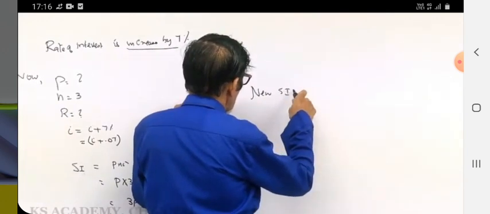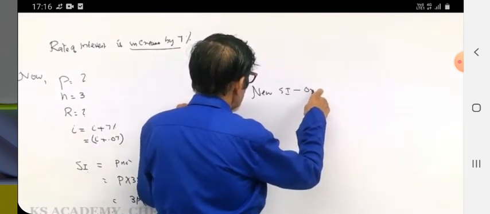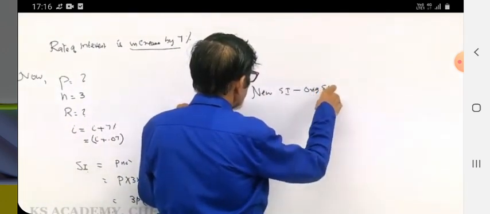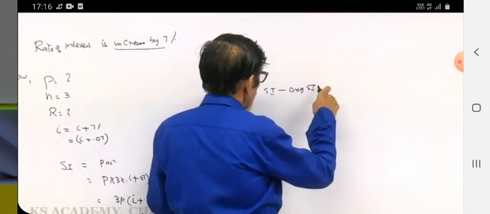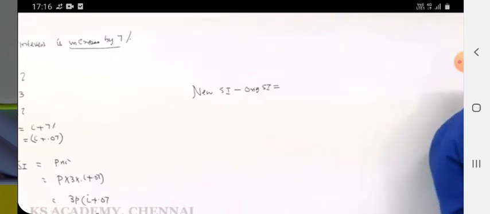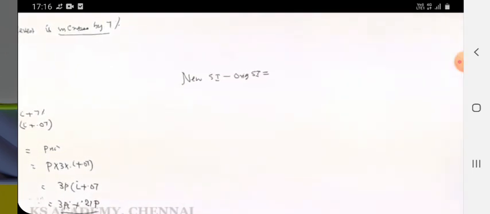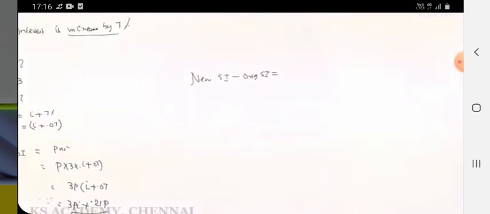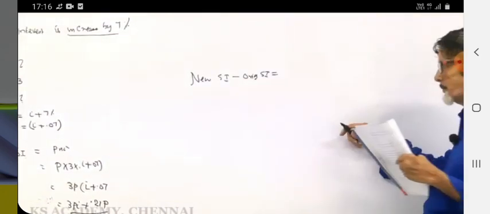New SI minus original SI is equal to 882 more.